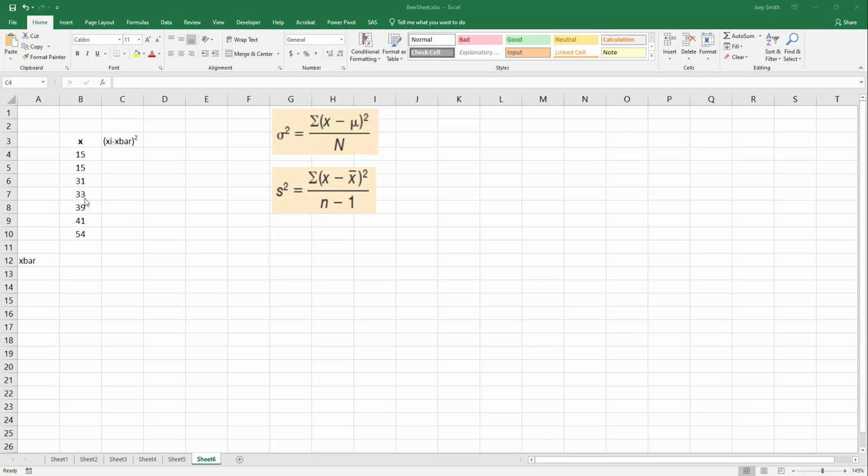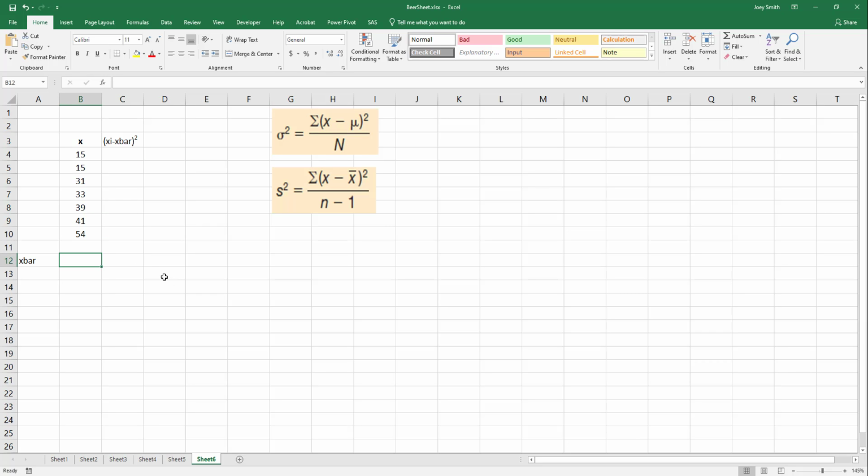And then we're going to go another step and calculate the population standard deviation and the sample standard deviation because, hey, why not, right? The first thing I usually do is I calculate X bar. And remember, X bar is just the mean of the sample.